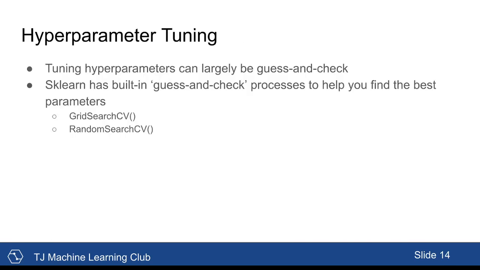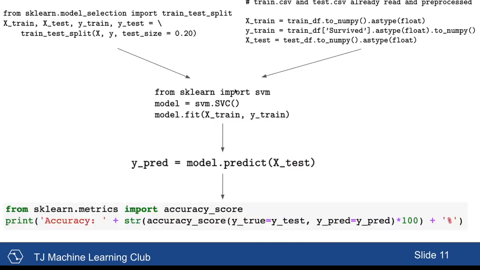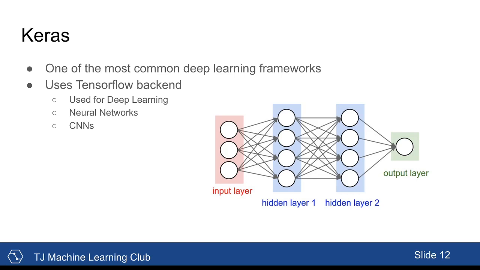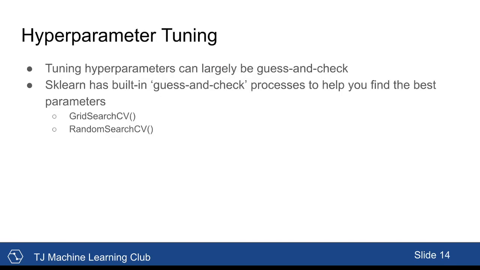So actually, one thing that is really helpful is scikit-learn has their own little guess and check processes called grid search and random search, and they help with things like SVMs. Essentially, instead of having to put in my own gamma values, C values, things like that, I just give my grid search a couple of options to choose from, and grid search will automatically give me the values I need that would give my model the highest accuracy on the testing data.